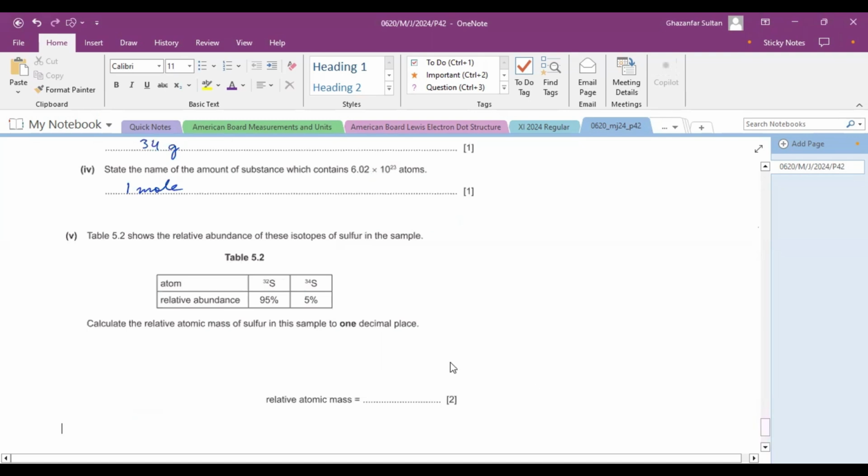Question number 5A5. This is part 5 of the 5A. Table 5.2 shows the relative abundance of these isotopes of sulfur in the sample. So S32 is 95% and S34 is 5%.